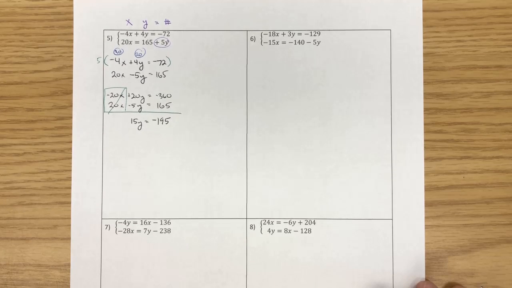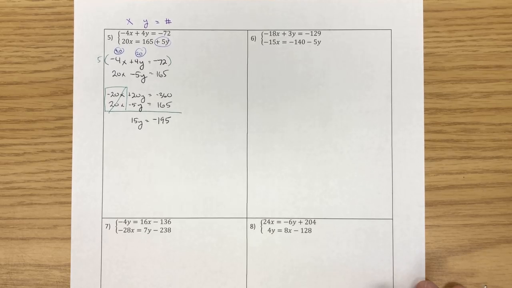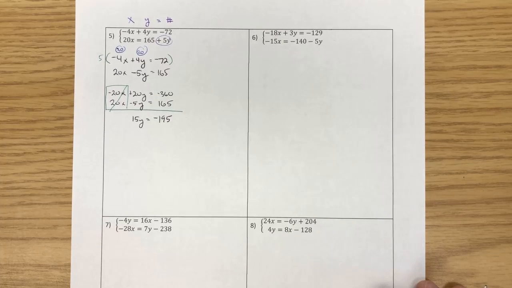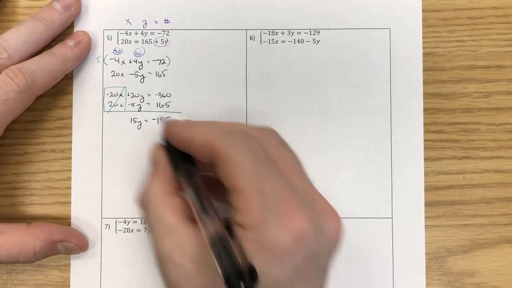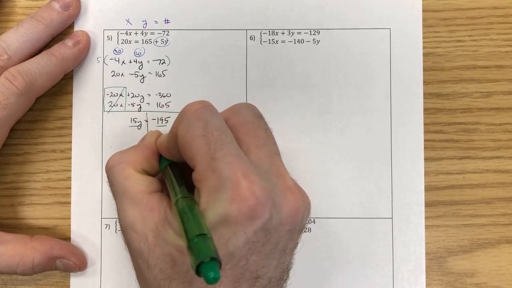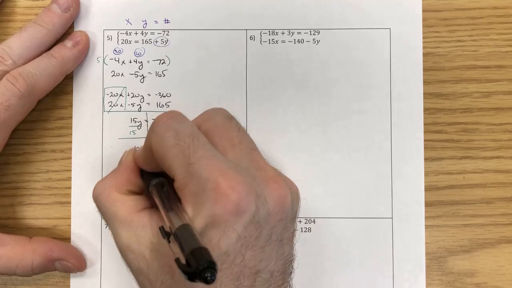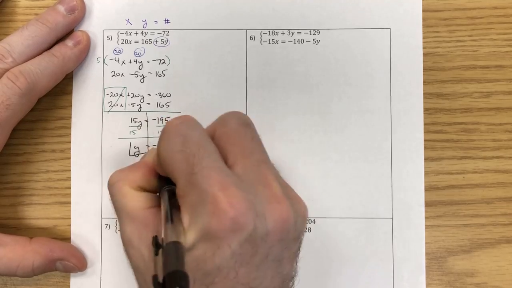Let's double check. Yes, negative 195. And then we're going to take that and divide it by 15, which is going to be 13. So y is equal to negative 13.